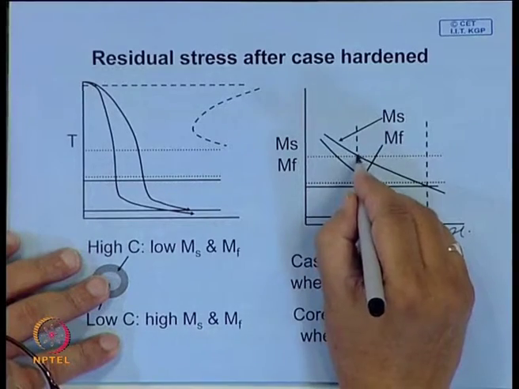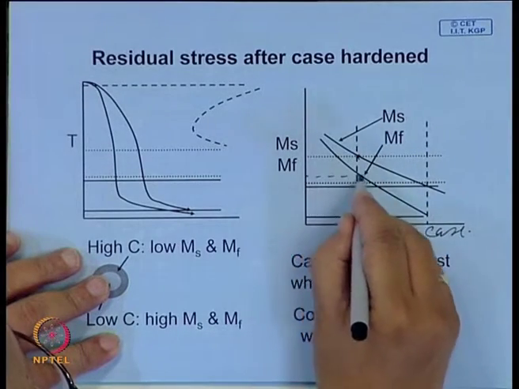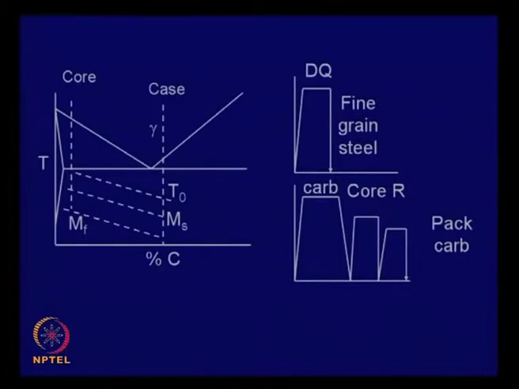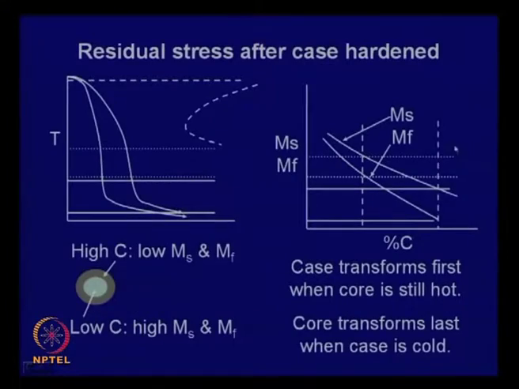We will look at this over here. At the core, this is the MS, this is MF. Similarly for the case, this is MS, the start of martensitic temperature, and this is MF. Now, you have different cooling rates.